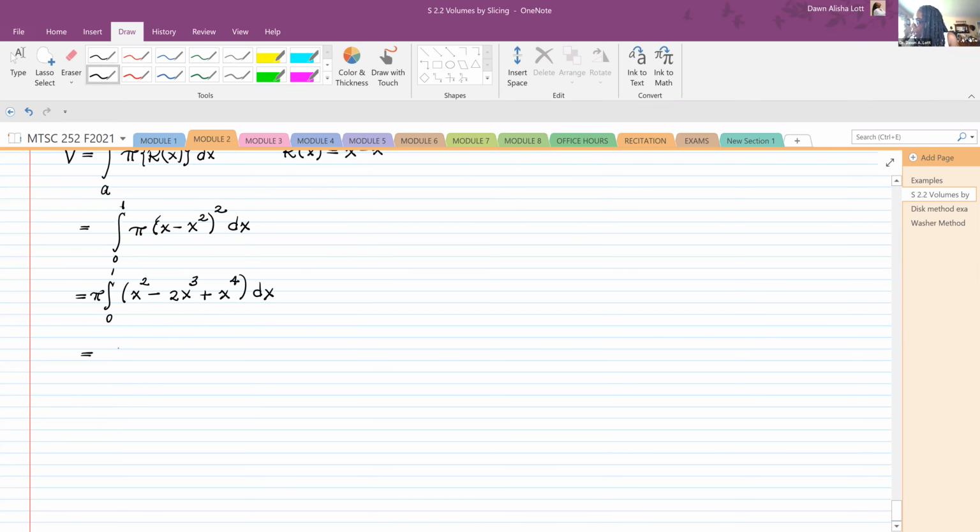So that's pi, and now I integrate. So I'm going to get 1/3 x cubed minus 1/2 x to the 4th plus 1/5 x to the 5th, evaluated between 0 and 1. Okay, any questions about that? Everybody see that?